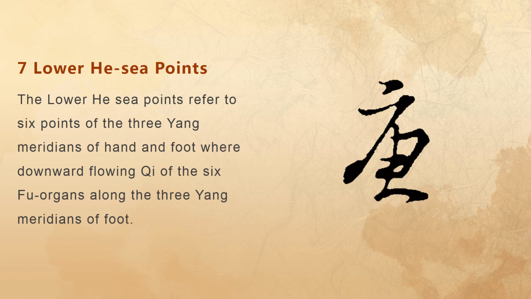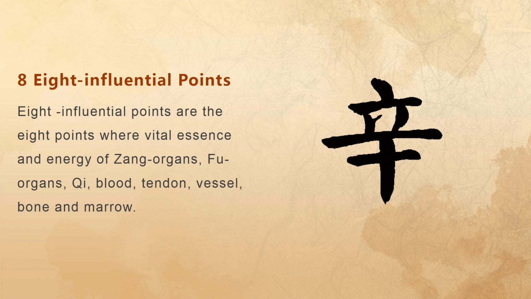The lower He points refer to 6 points of the 3 yang meridians of hand and foot, where downward flowing qi of the 6 fu organs flows along the 3 yang meridians of foot. Most of them are distributed around the knee joints. Eight influential points.